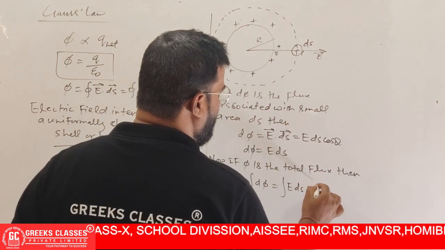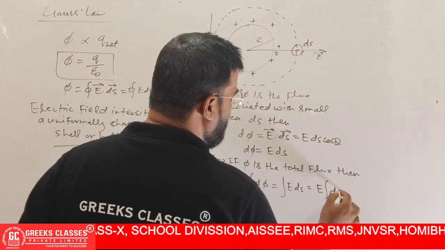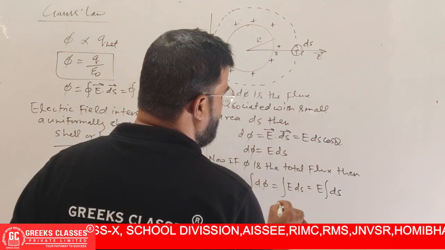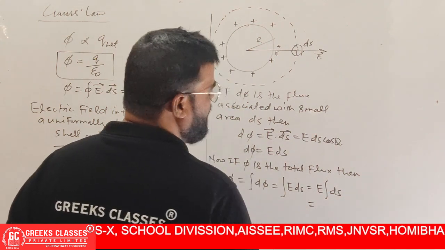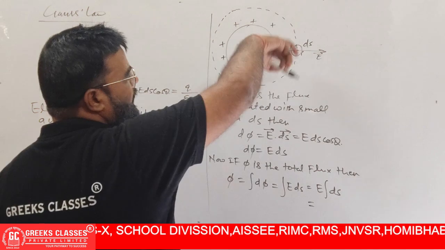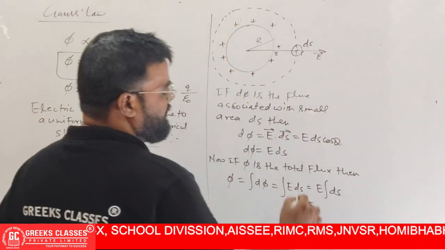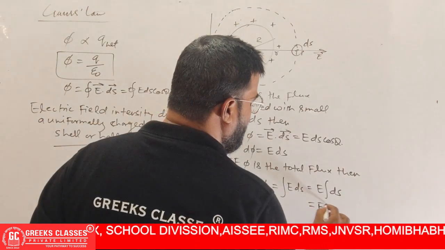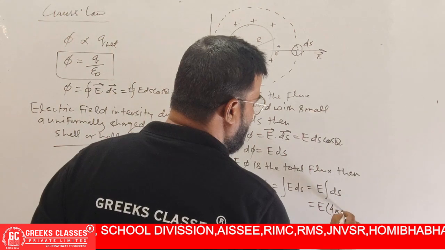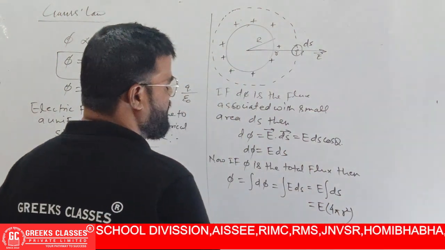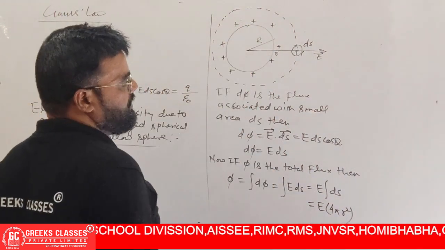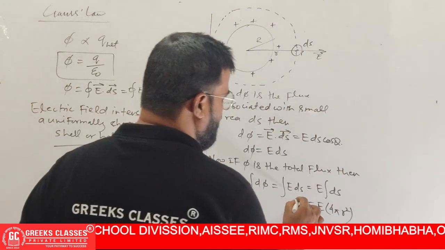So I will write it as E integration of ds. Now tell me, what is integral of ds? The area of this Gaussian surface, so I can write it as 4 pi r square, which is the area of this sphere of radius small r.